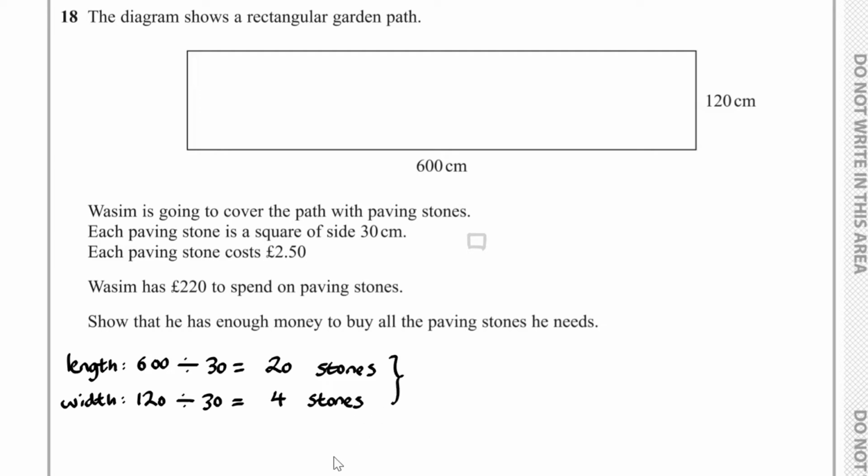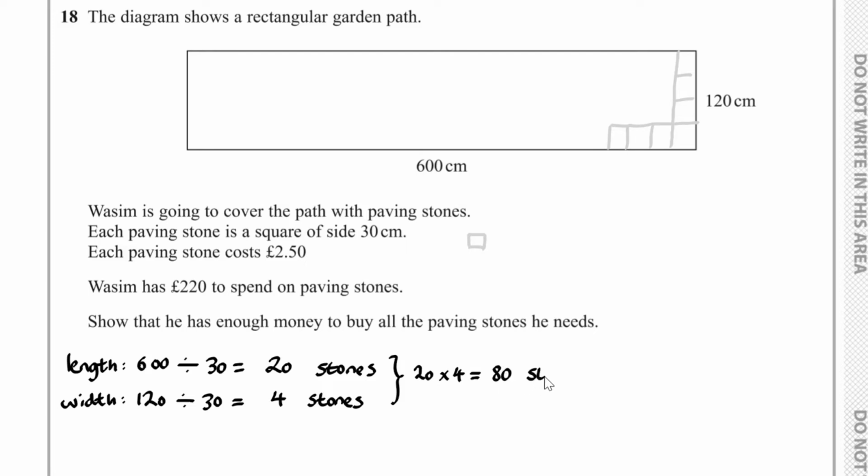And therefore, to find out the total number of stones we need, essentially there are 4 stones going this way, and then we have 20 stones going this way. So the number of stones in total will be 20 multiplied by 4, which is 80.